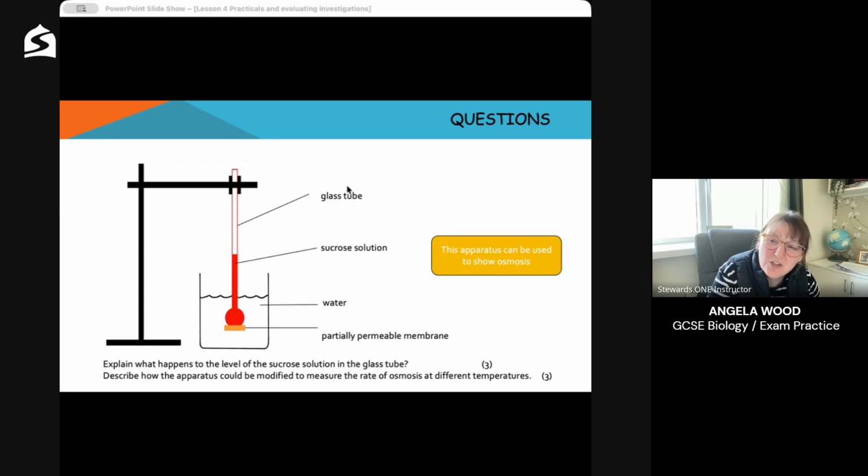So it moves from a high to low water concentration across the membrane until it equals out in terms of water concentration. So use the word osmosis. Give a definition of osmosis. That's how you're going to be picking up these marks. Say where the high water concentration is. Say where the low water concentration is. Say that it's going to move until an equilibrium is reached.